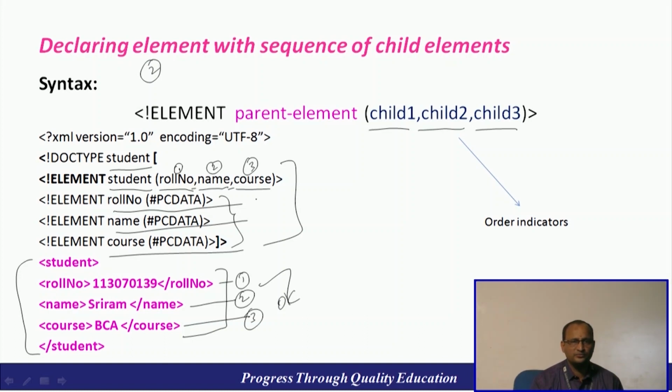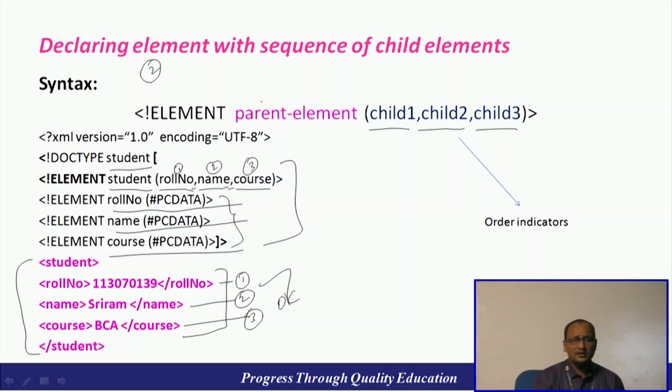That is enough. Where it is defined is not necessary. It should be there in the XML as well as in the DTD. So, this is the declaration about elements. Based on the declarations in the DTD, XML documents are written.